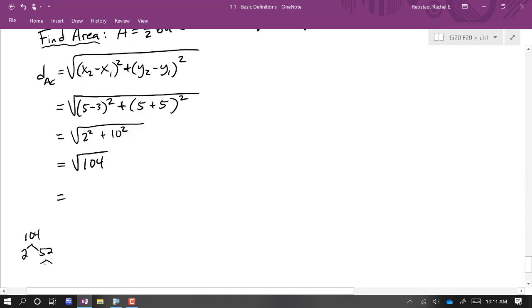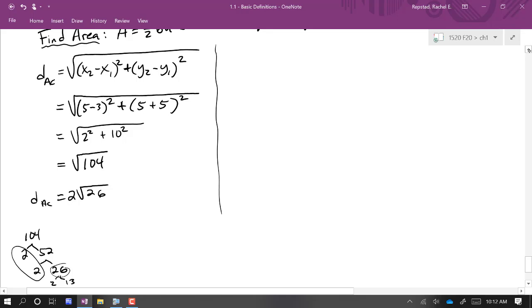We can take out a 2 and get 26, and then we have 2 and 13. So we look for pairs of the same factor. I've got a pair of 2's here, so I could take out a 2, and what's left inside, there's no more pairs, is 2 times 13, or 26. So 2 times the square root of 26. There's the distance of the line segment AC.